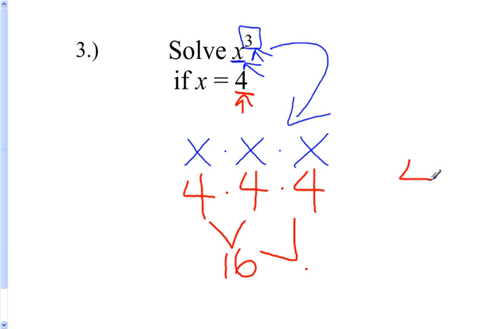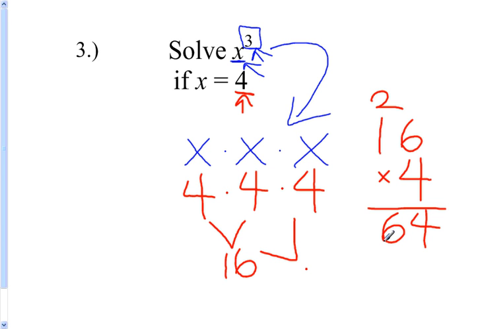Let's do this off to the side. 4 times 16. Okay, 4 times 6 is 24. And 1 times 4 is 4, plus 2 is 6. So that's our answer: 4 times 16 is 64.